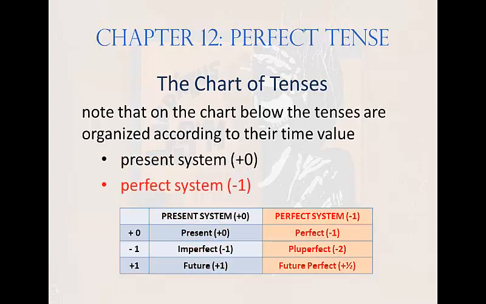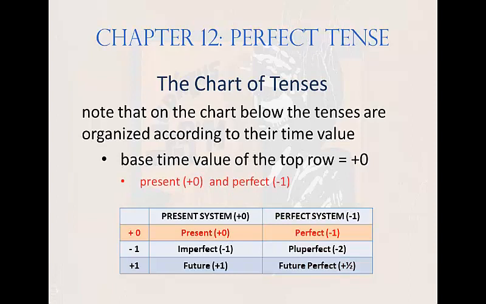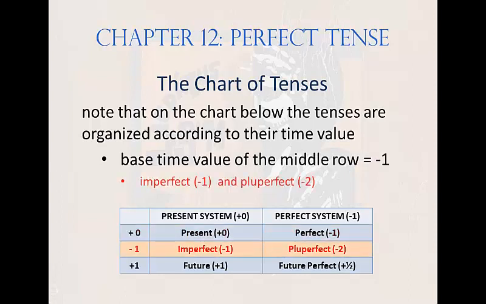The column on the right, the perfect system, starts with a base tense, the perfect, which has a -1 time value. The first row, the present tense and perfect tense, are then the base time value tenses for those columns. The next tenses below them in the second row are both one step back in the past relative to each of those base time values.